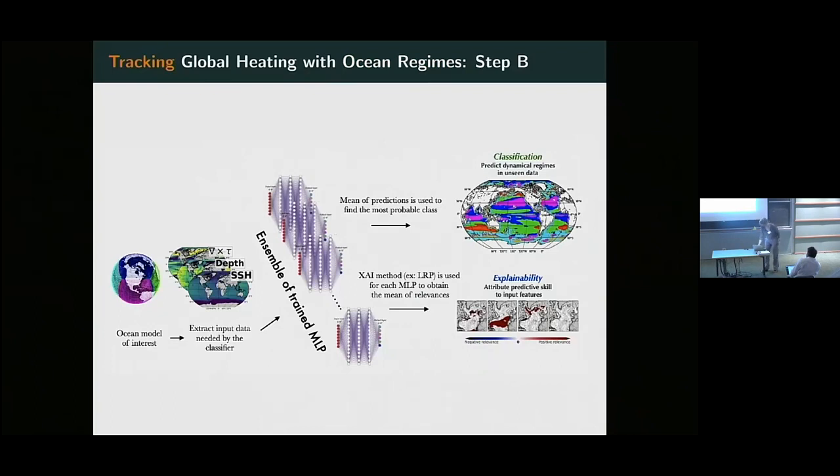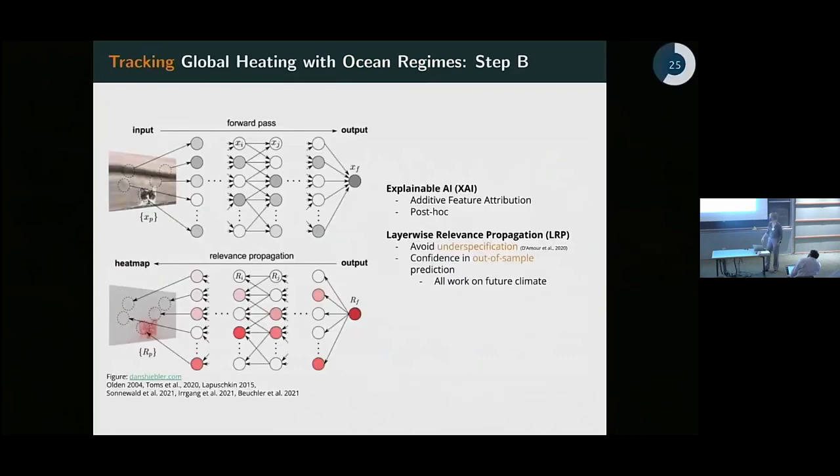I'm sure we'll be hearing more about explainability later, but just to quickly go through this: when I say explainable AI, what we used was a type of additive feature attribution, which happens post hoc. So we train the MLP, and for each of these 50 MLPs, if you imagine the trained MLP being this recognition of a cat here, we went backwards.